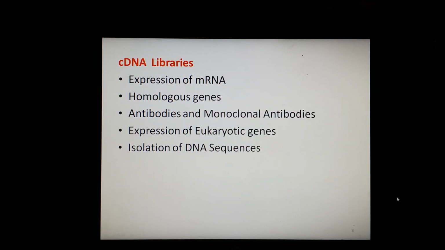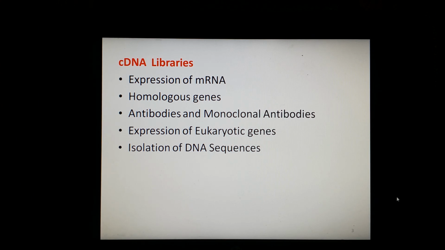Now let's see the applications of the complementary DNA library. The first application is that it is used to study expression of messenger RNA. Second, it is used to isolate specific complementary DNA. The third is that it is also used to isolate homologous genes.